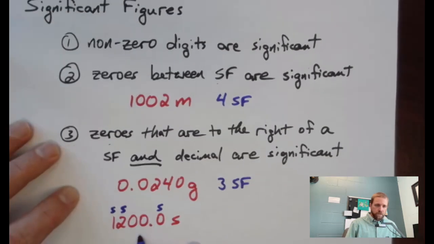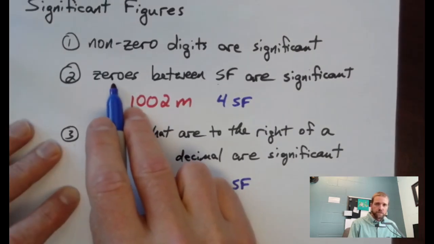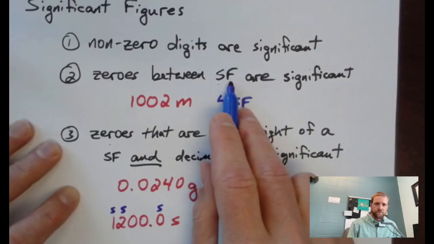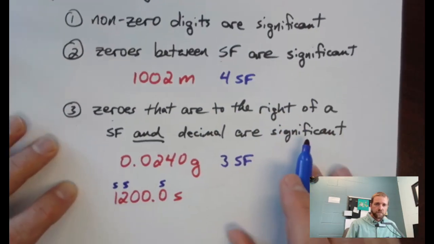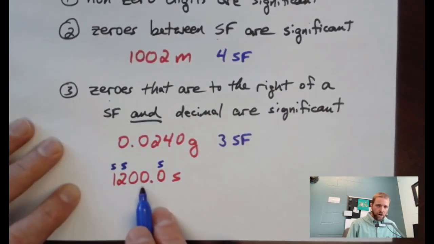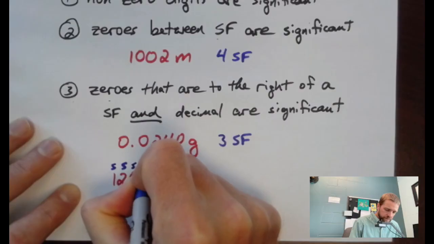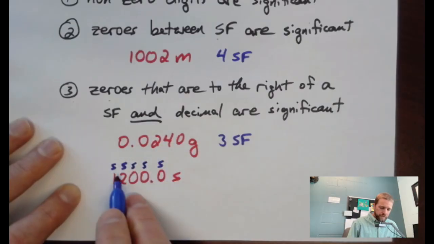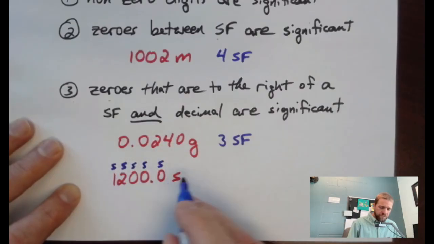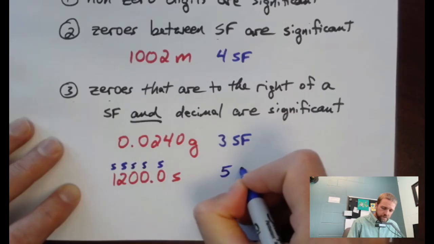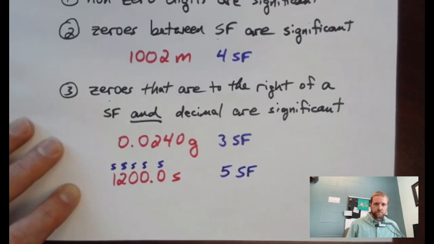Well, if we look back at rule number 2, zeros between significant figures are significant. Well, these two zeros are between significant figures. So these are significant. So this one has 1, 2, 3, 4, 5 significant figures. Okay.